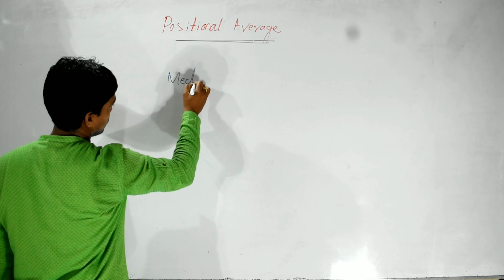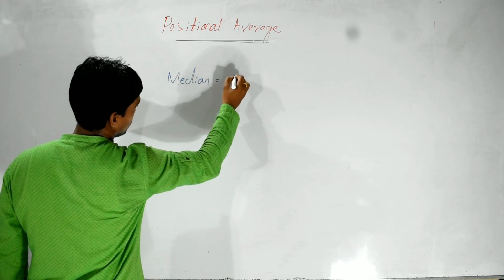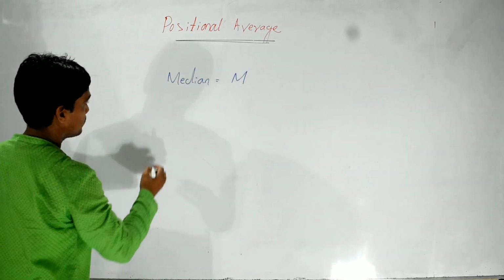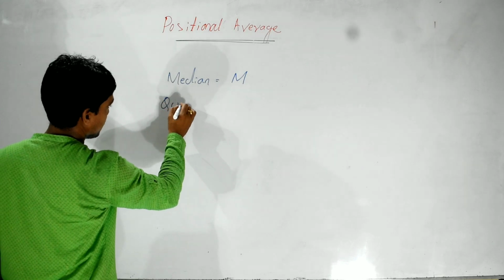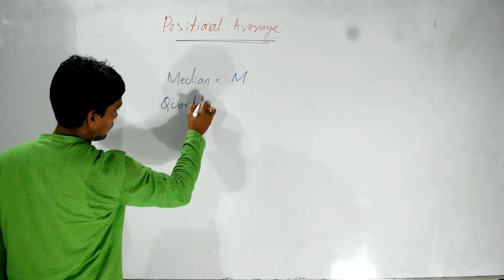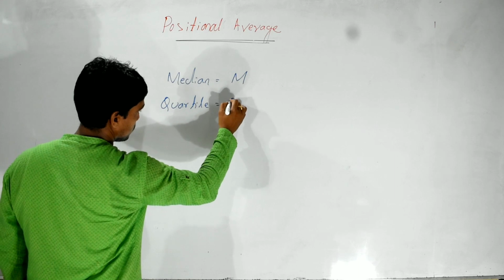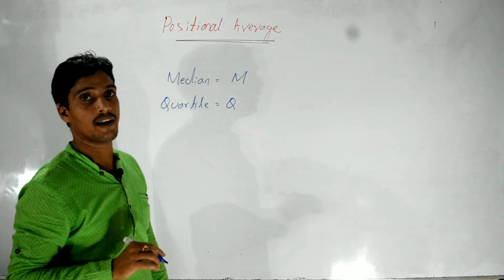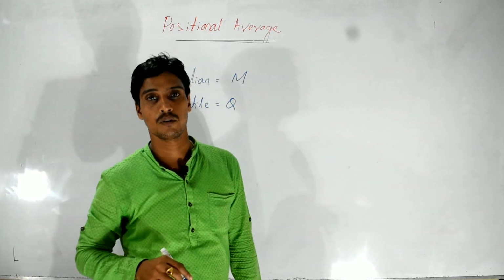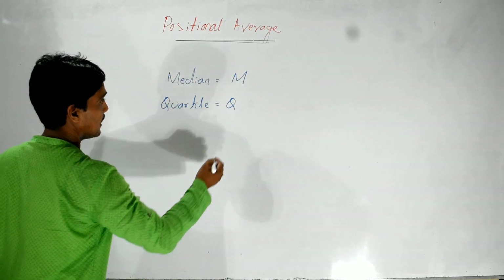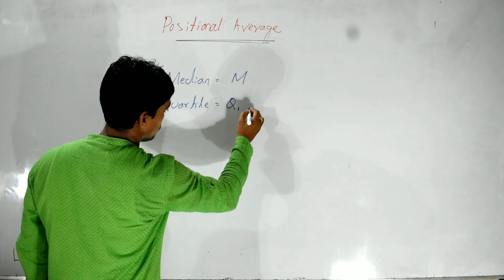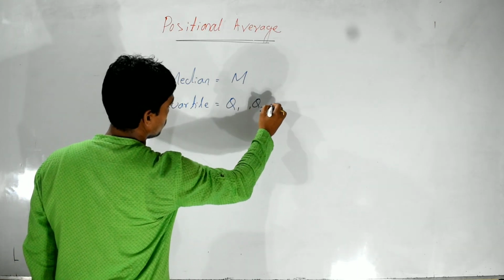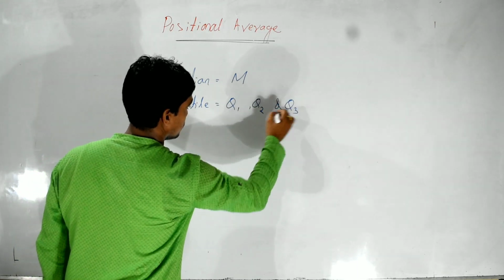For median we use M. For quartile, we use Q, as the quartile divides the series into 4 equal parts, so there are 3 quartiles, that is Q1, Q2 and Q3.